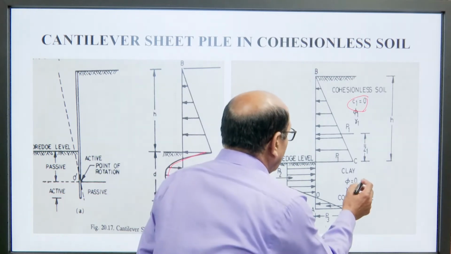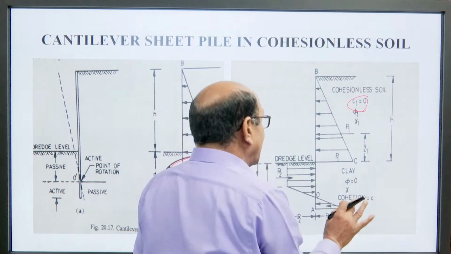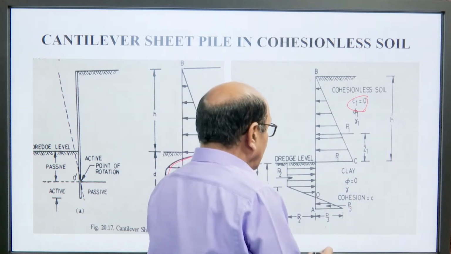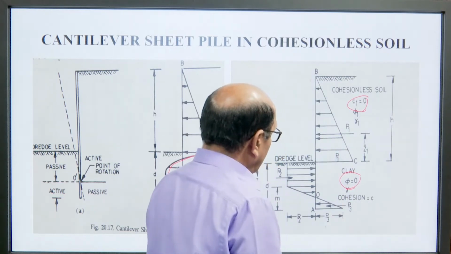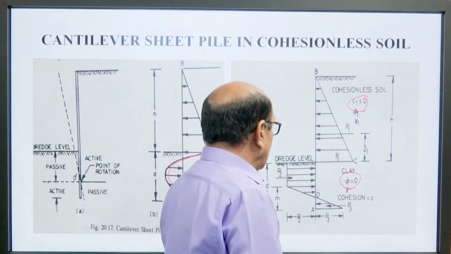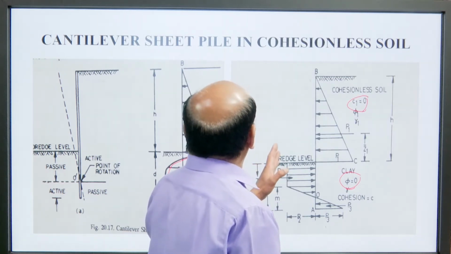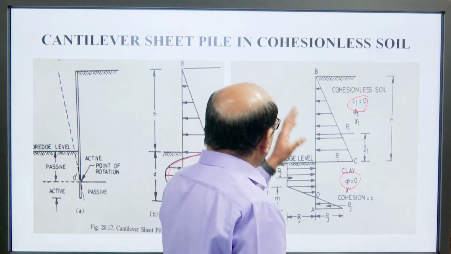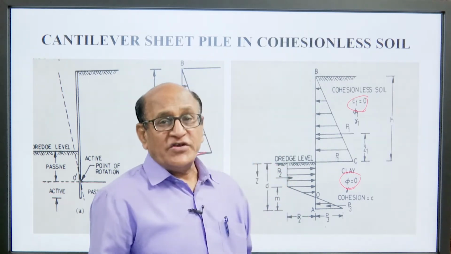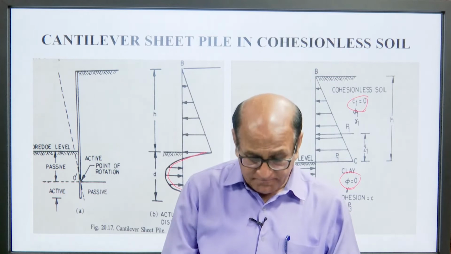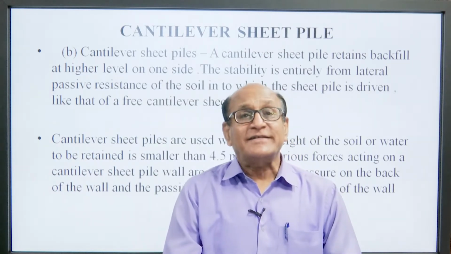So, phi here, C 1 is equal to 0. If it is a clay, then phi will be 0 and cohesion will be C. So, this is the pressure distribution chart of cohesionless soil. Now, cantilever sheet pile.